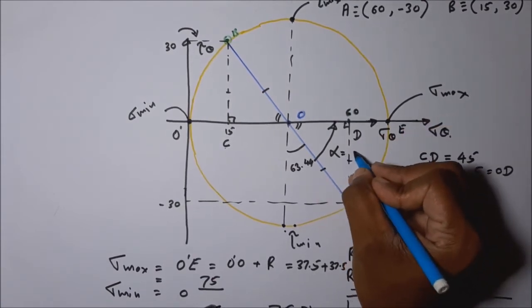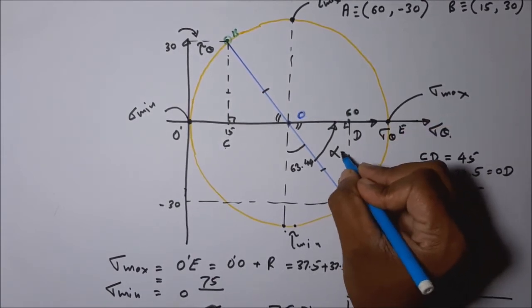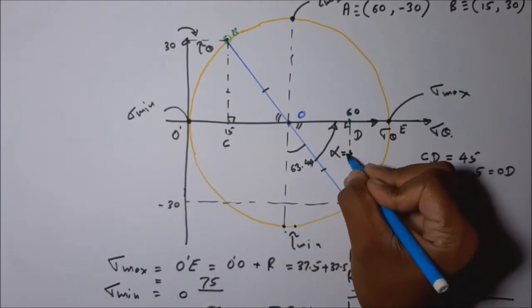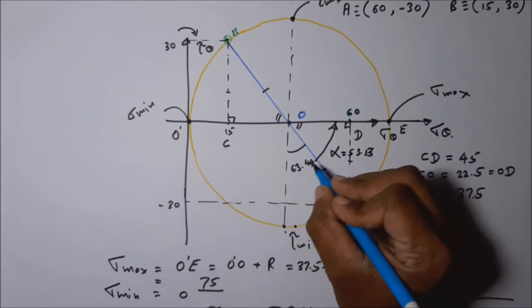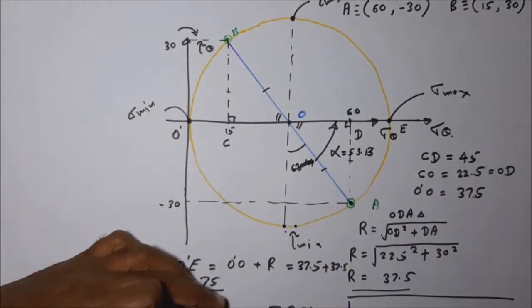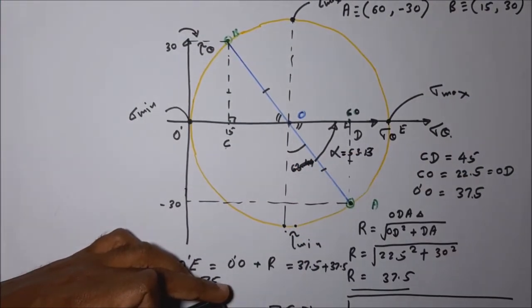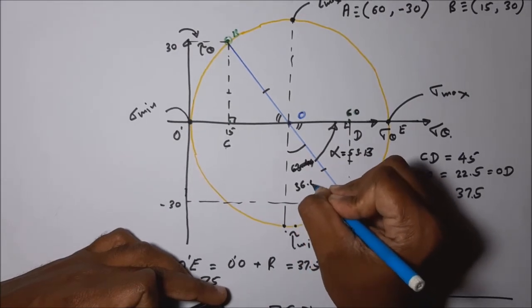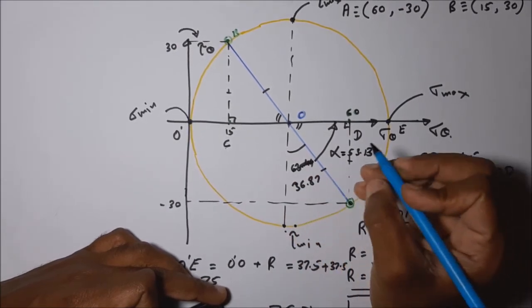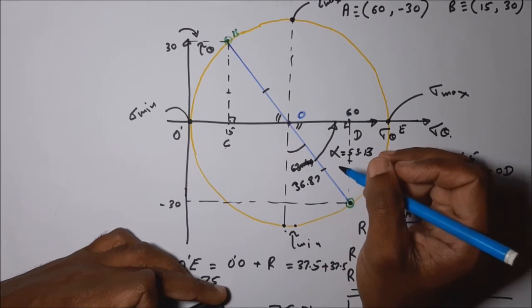Here alpha is equal to 53.13. Then what is this angle? 90 minus 53.13, that is equal to 36.87.